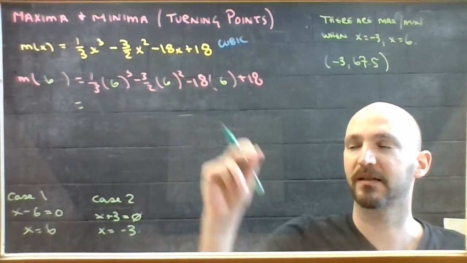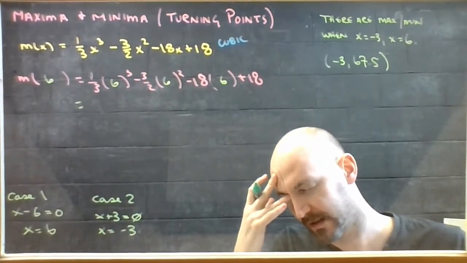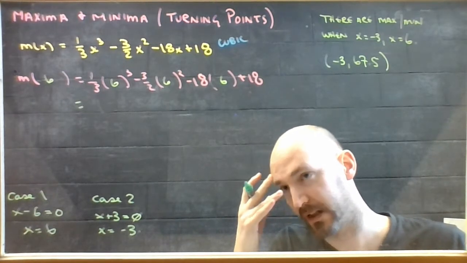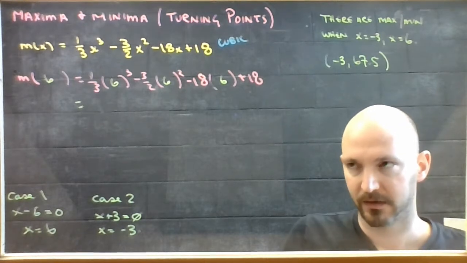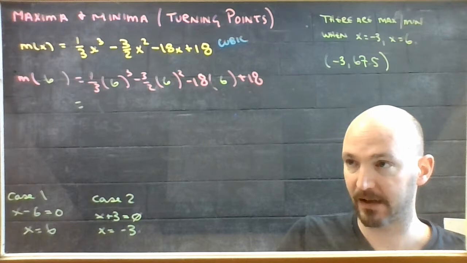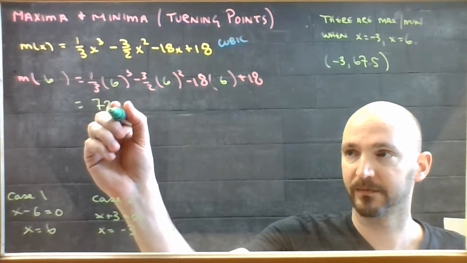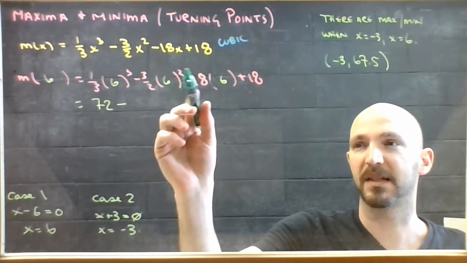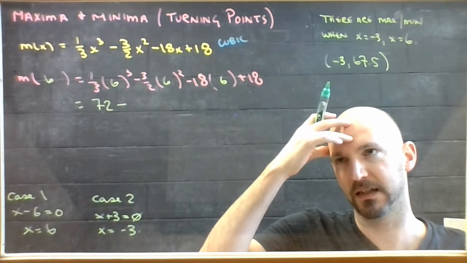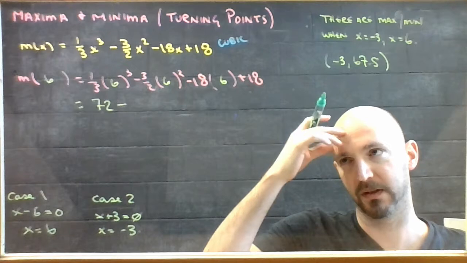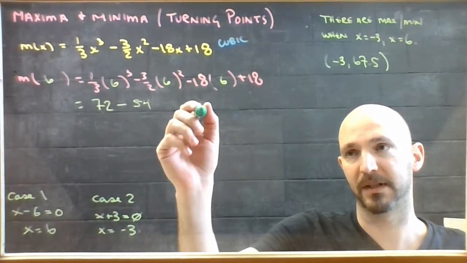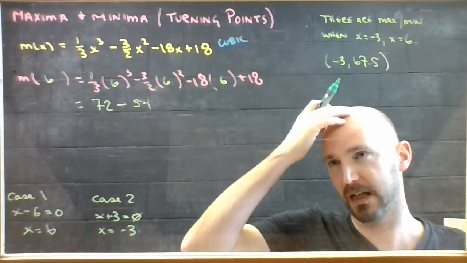Alright, 6 times 6 is 36, times 6 is 216, divided by 3 is 72. 6 times 6 is 36, divided by 2 would be 18. 18 times 3 is 54. 6 times 10 is 60, and 6 times 8 is 48.